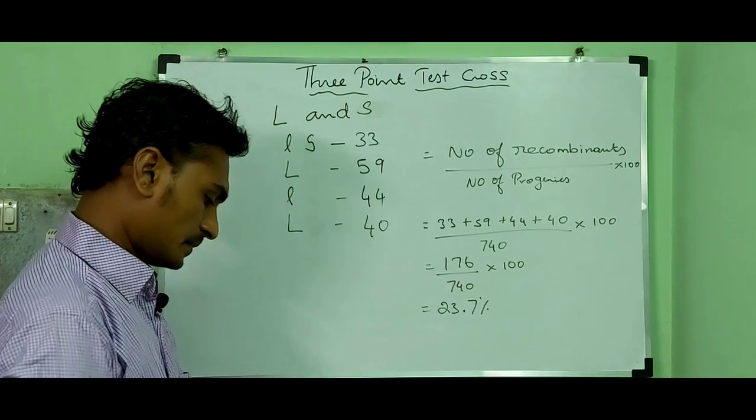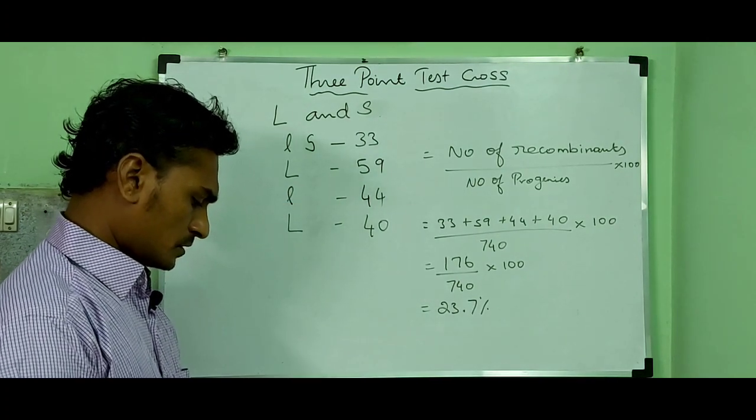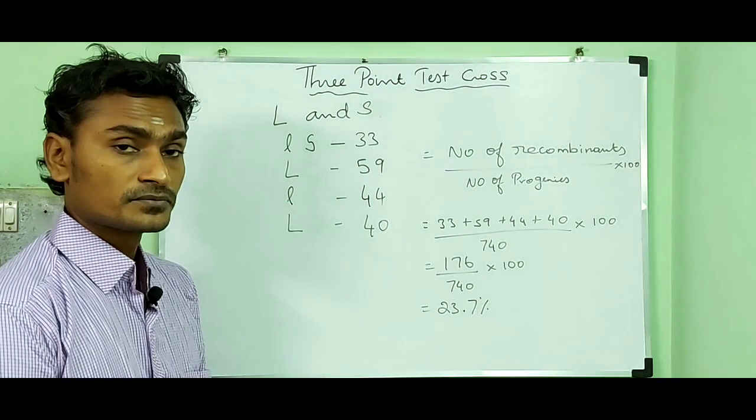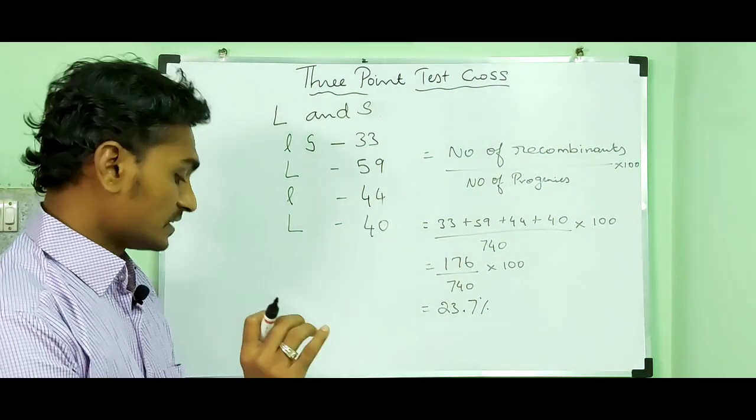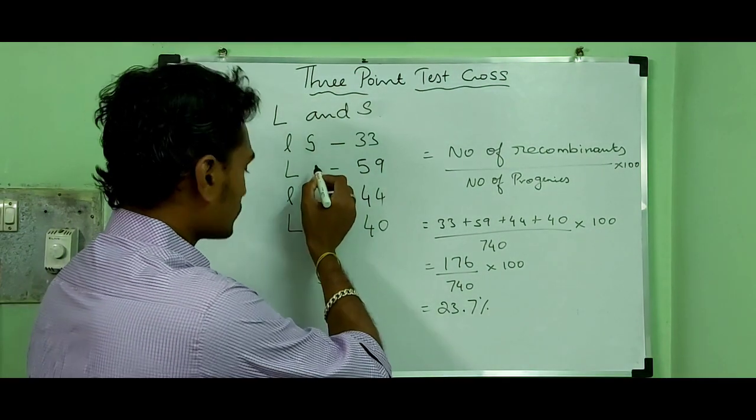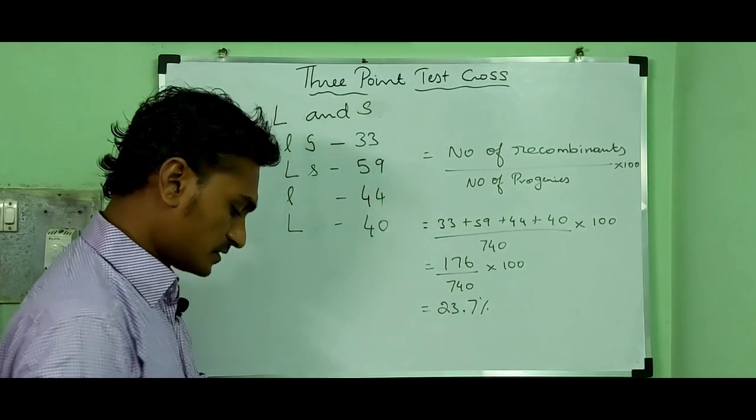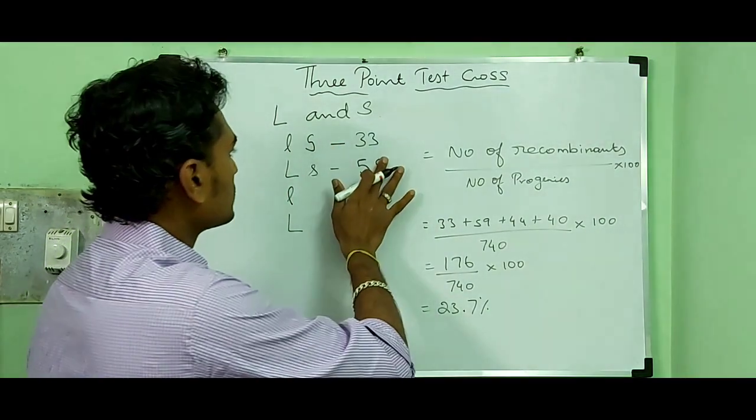Then sugary, the phenotype of that recombinant, capital L, small s, shows 4 recombinants.